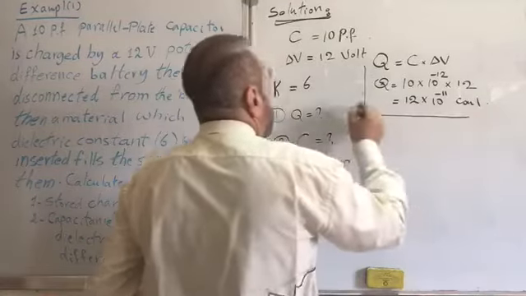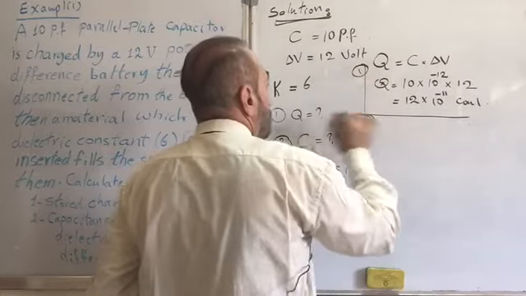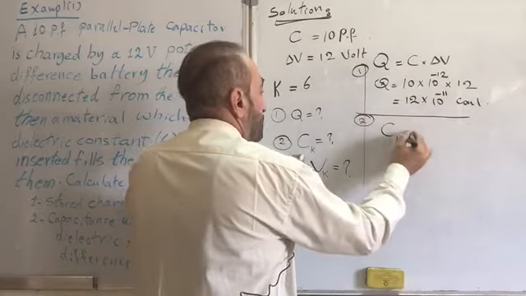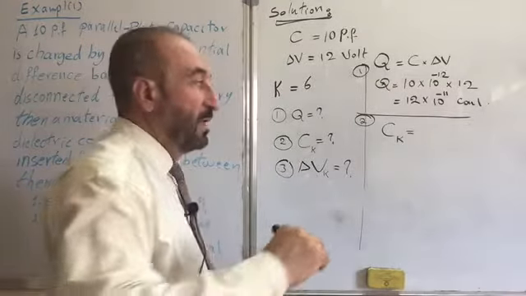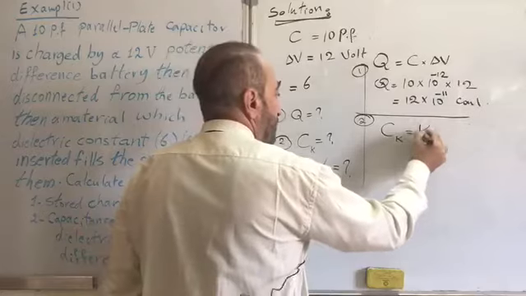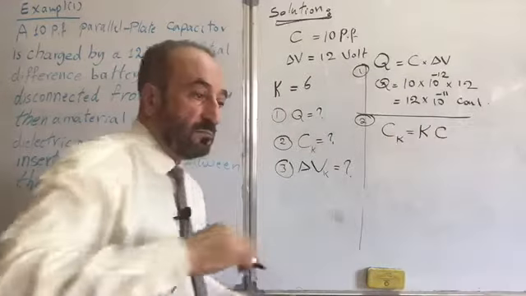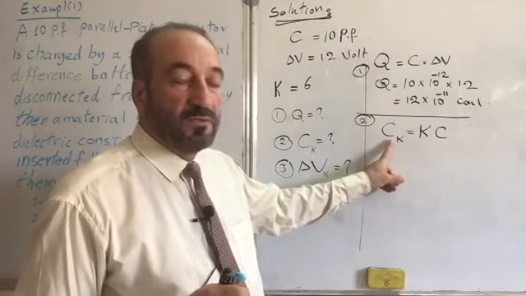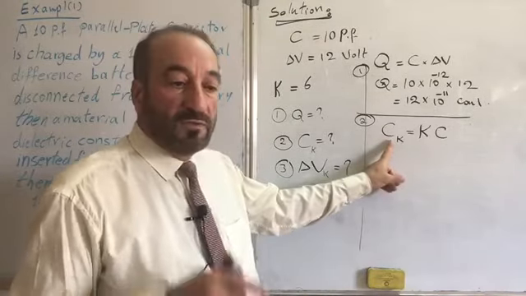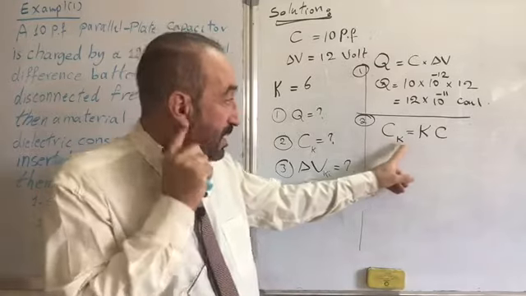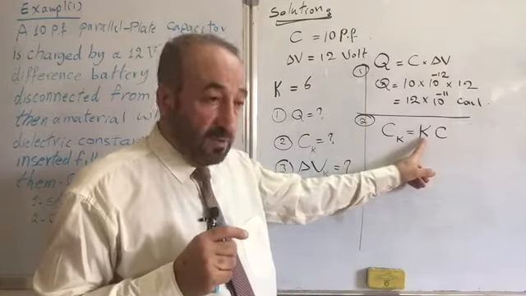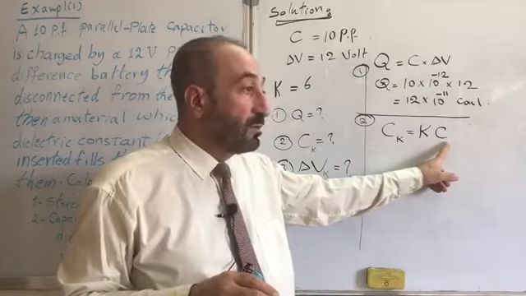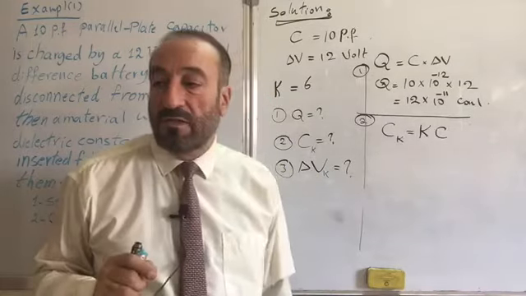The second order, to find C sub K, we use the relation C sub K equal K times C. C sub K is the capacitance after inserting the material, K is the dielectric constant, and C is the capacitance of the capacitor before inserting the dielectric material.